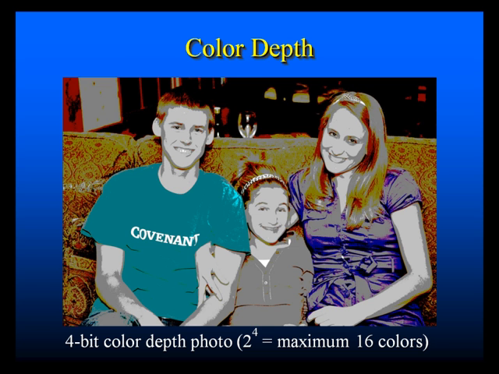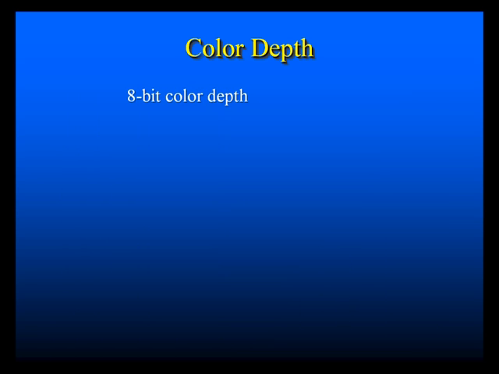You see black on my son's hair. In the background you see red and yellow. On my son's shirt you see 2 shades of green. On my older daughter's top you see 2 shades of purple. So that takes us to 10 colors right there. So if we max out at 16 colors, it really looks more like a cartoon character, but doesn't look at all like a photograph. So we need more than 4 bits.